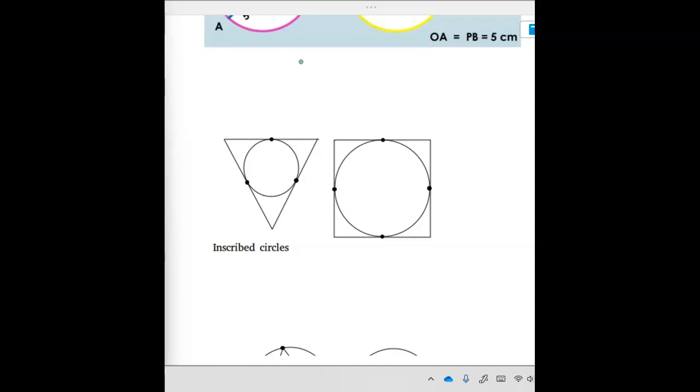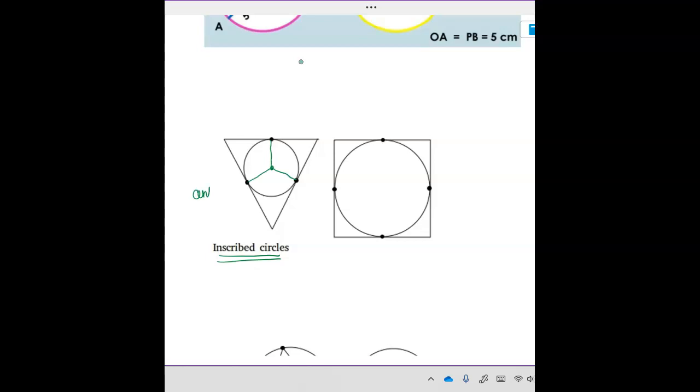We talked about this at the very beginning of the year, but here we have circles that are inside these figures, inside the triangle or inside the square, and these are called inscribed circles. If you remember, when we talked at the very beginning of the year with the Euler line and all our constructions, the incenter of a triangle is actually going to be the center of the circle.